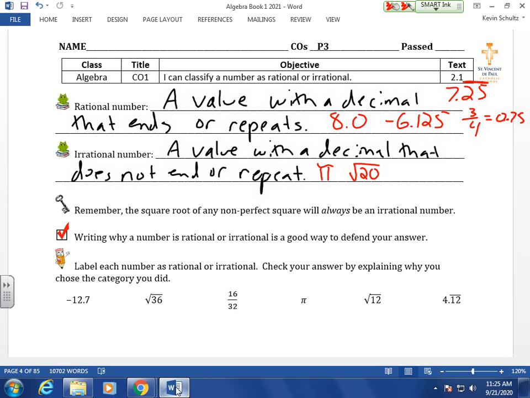Give me an example of another non-perfect square. Root of 15 would be an irrational number. Give me an example of a perfect square, one that when you take the root of it would actually be a rational number. Brent? 36. Good.